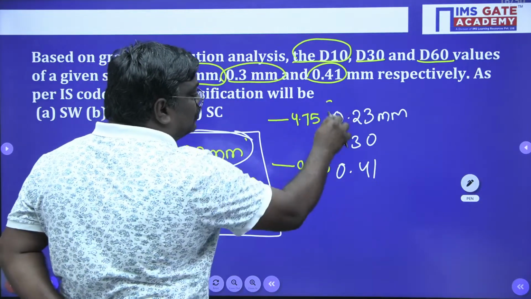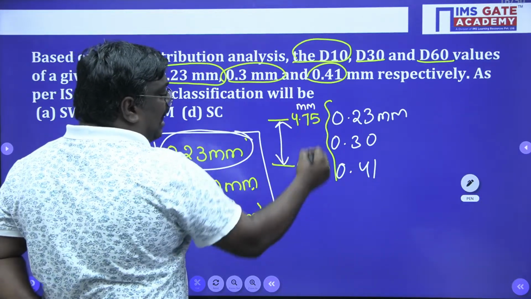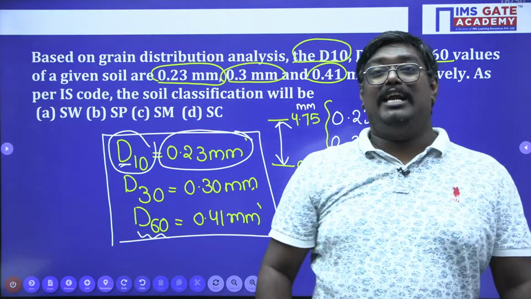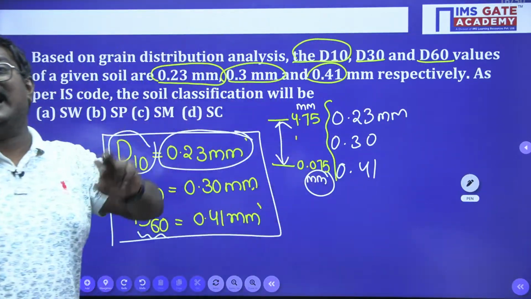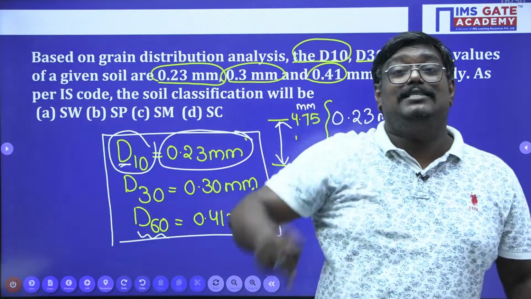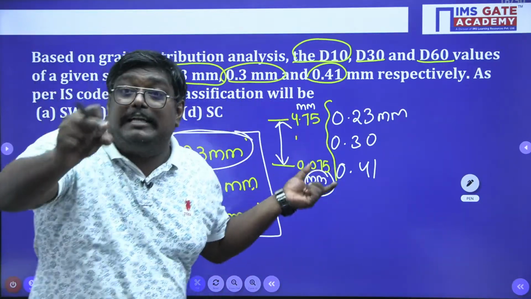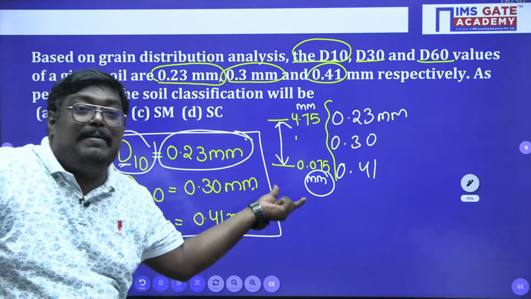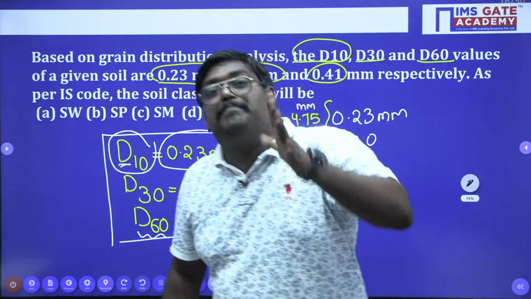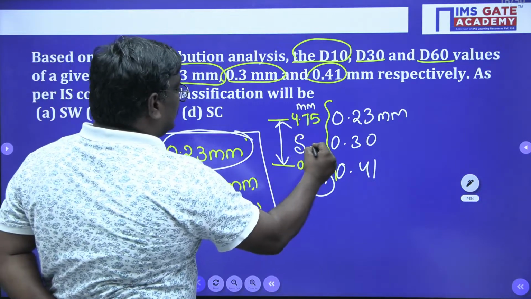It is evident, my dear students, that it is a sand. It is clearly evident because on the particle size distribution curve, we know that whatever soil lies between 4.75 mm and 0.075 mm is absolutely sand. So here we confirm that it is sand.